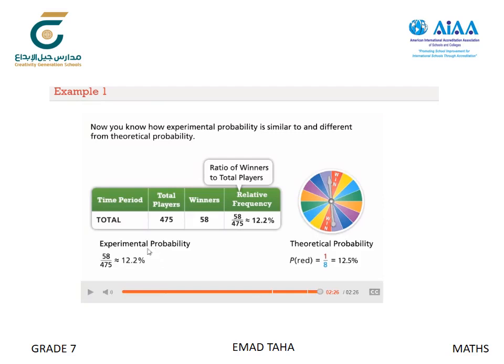Here, after many trials, we can find the experimental probability. And here we found that the theoretical is more than experimental. But if we make more trials, we can reach the same percent. Okay, now we will go to the practical part.